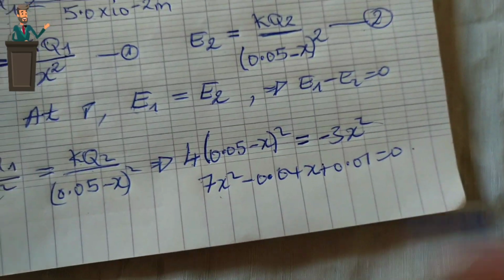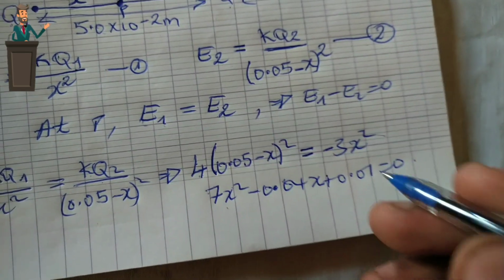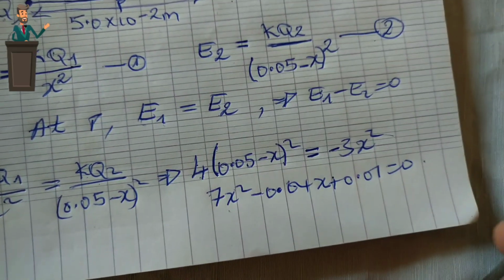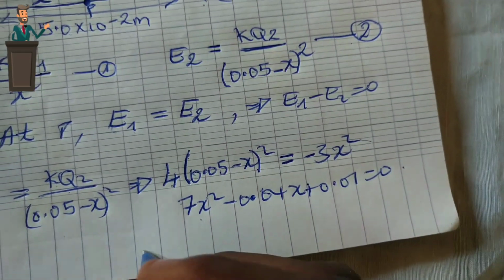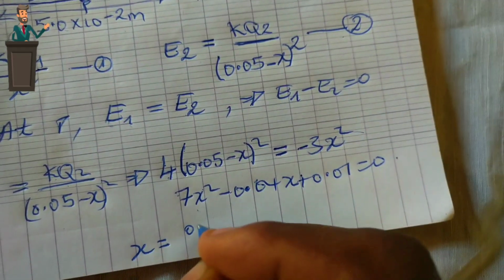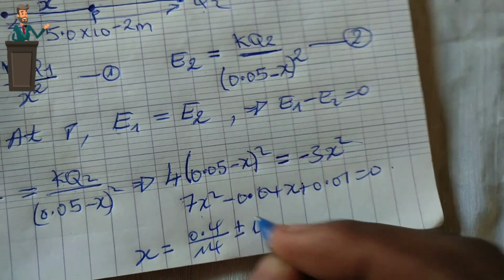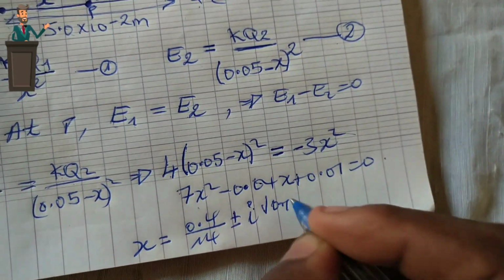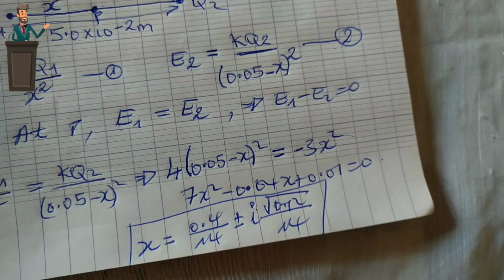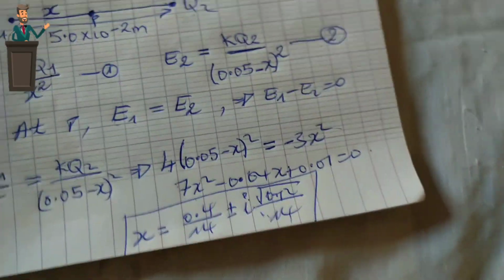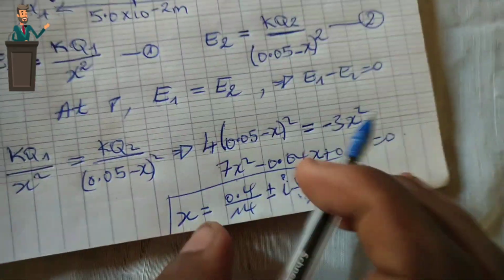We just feed in the formula x equal to negative b plus or minus the square root of b squared minus 4ac, all divided by 2a. If we do that, we are going to have x as 0.4 over 14 plus or minus i times the root of 0.12 on 14. If you work this correctly, you are going to end up here.